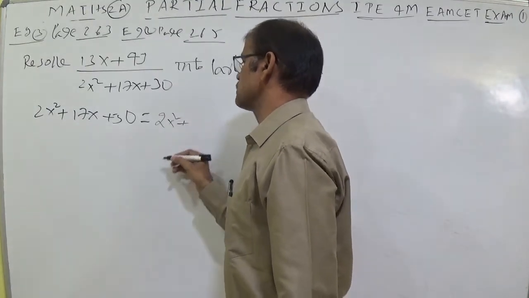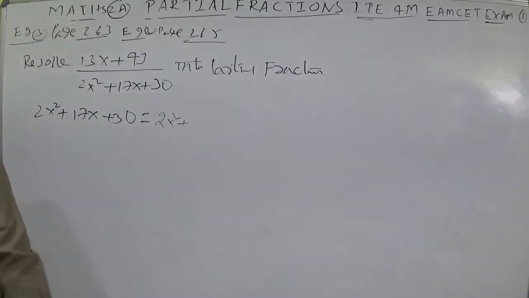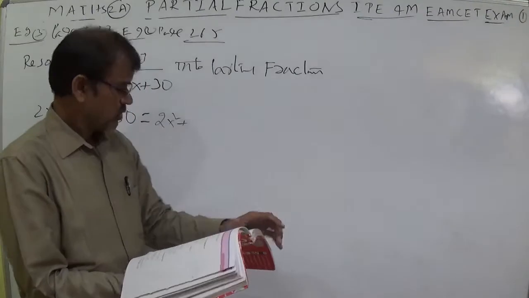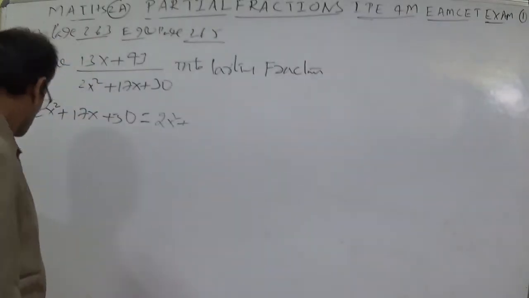So what is the value of factors, we can verify once. Maybe 12 5s are 60.